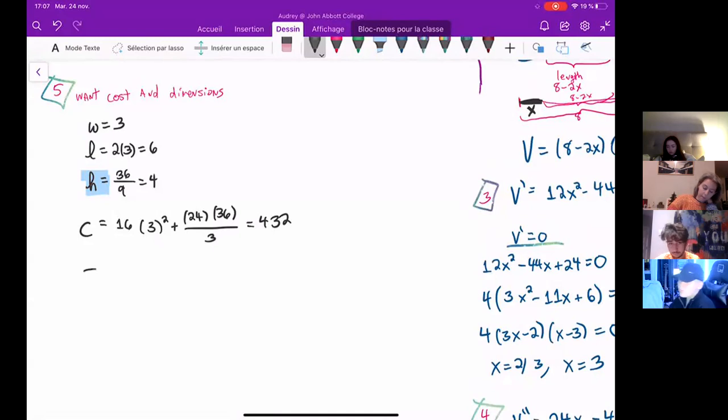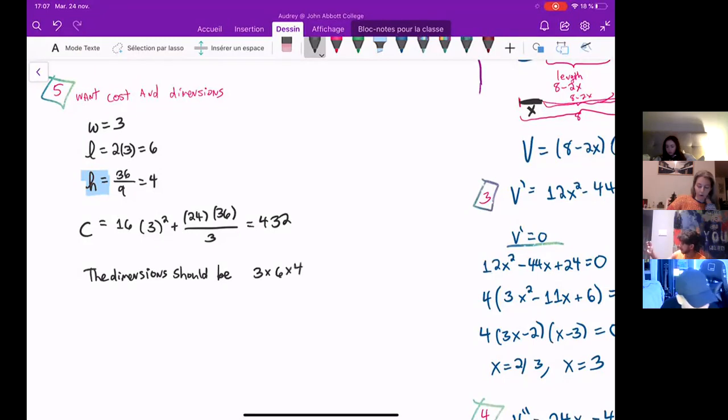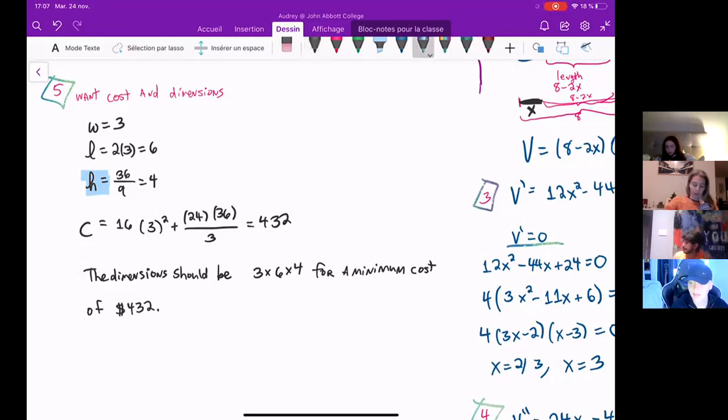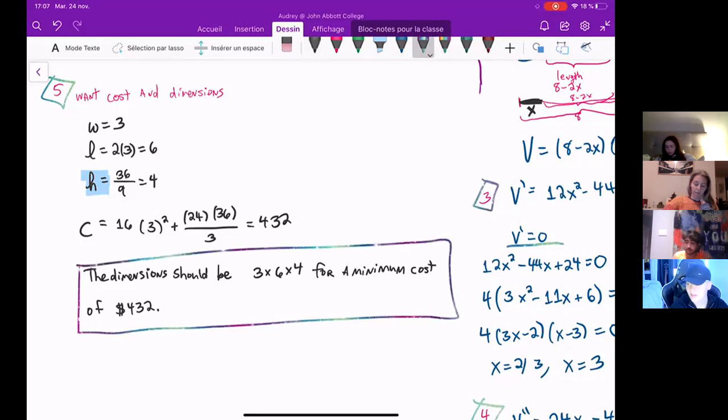So the dimensions should be 3 by 6 by 4 for a minimum cost of $432. And that is my final answer.